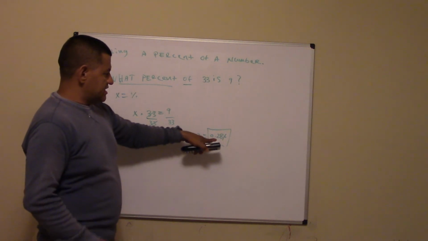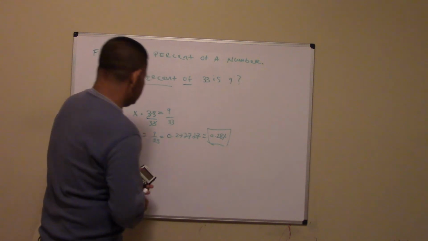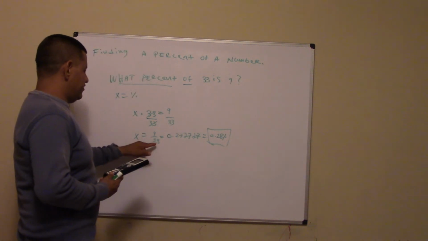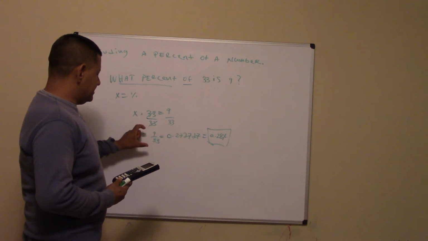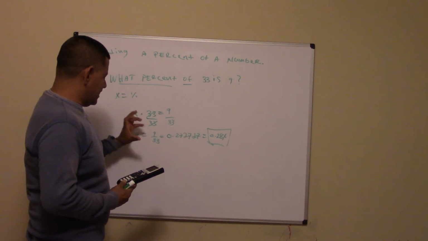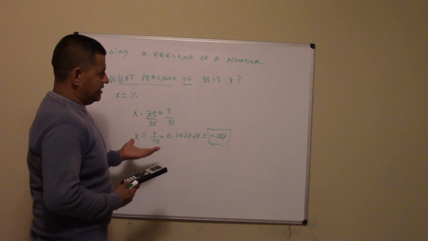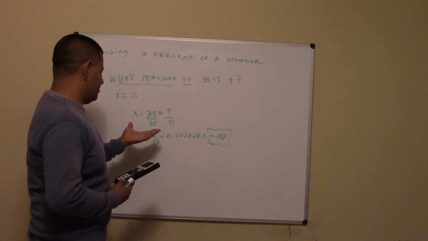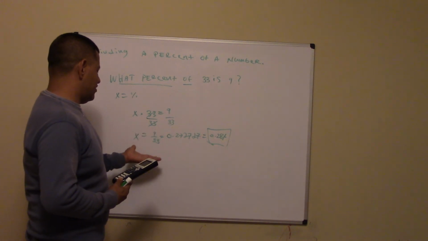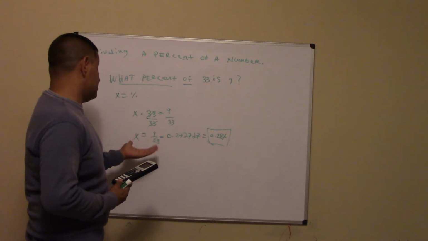This is a higher percentage because the denominator is less than a number that was divisible evenly by 4.